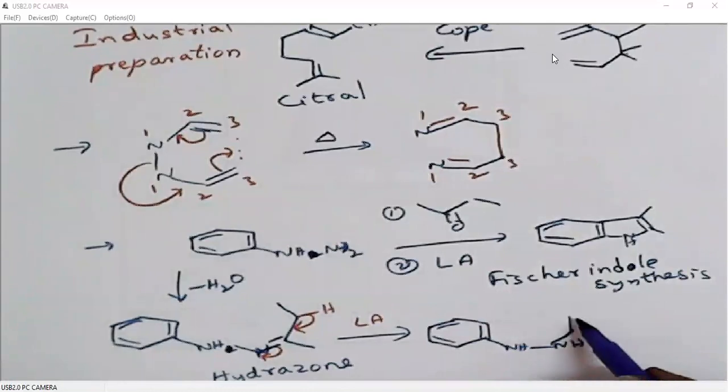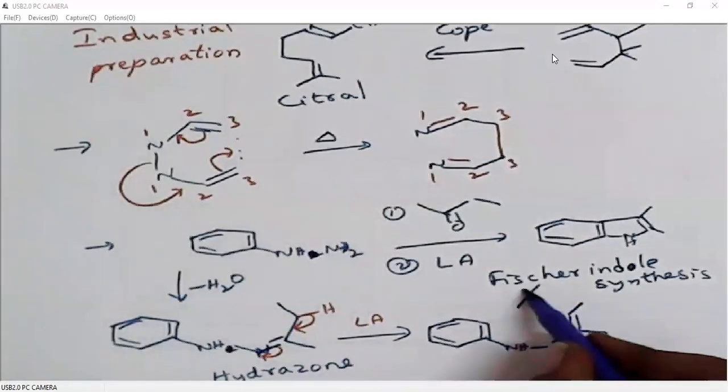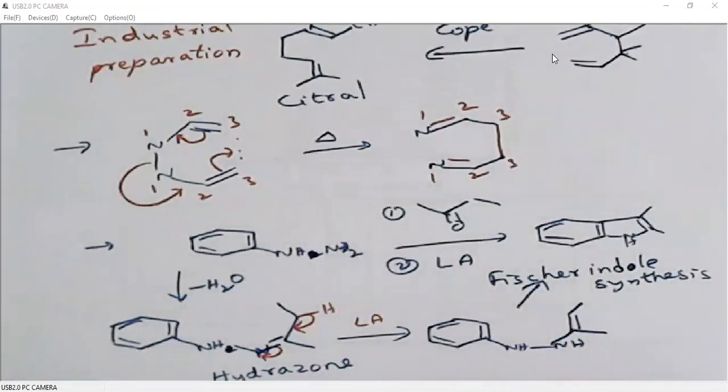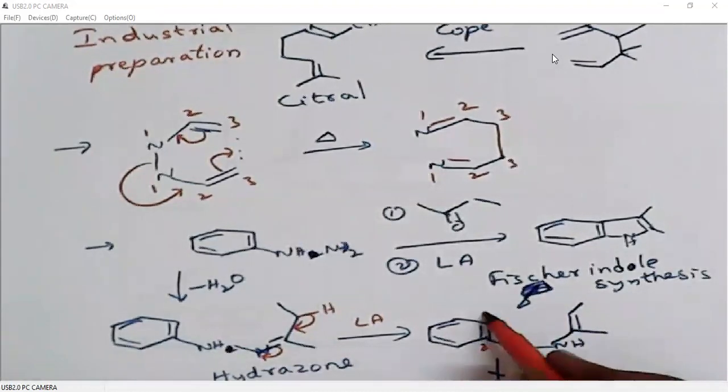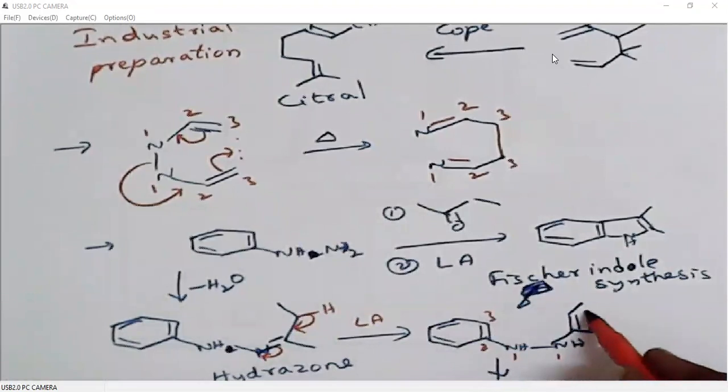Then we have a double bond here, a methyl. Then this undergoes 3,3 sigmatropic rearrangement. Right, I'll explain. This undergoes 3,3 sigmatropic rearrangement. Yeah, it is not fitting in the window.